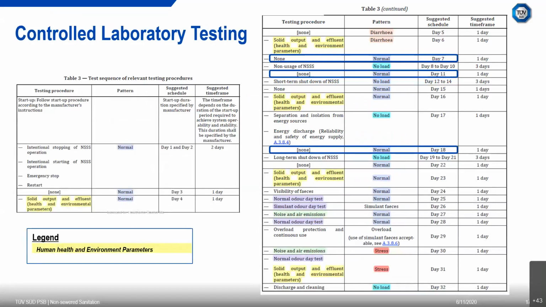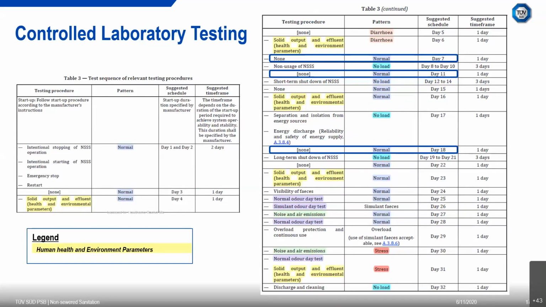What is the rationale for testing the environmental parameters on day 4, 6, 16, 23, and 31? Table 3 of ISO 30500 provides a logical sequence for the different step tests to be conducted. Some of the more important tests are upfront, so that if early failure is observed, one would not run through the entire sequence first.